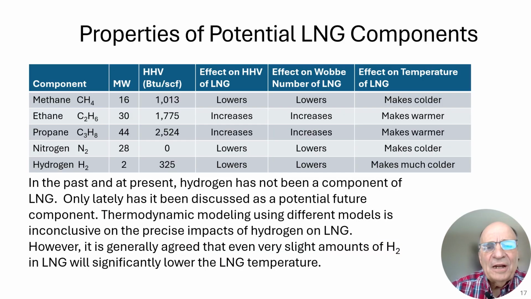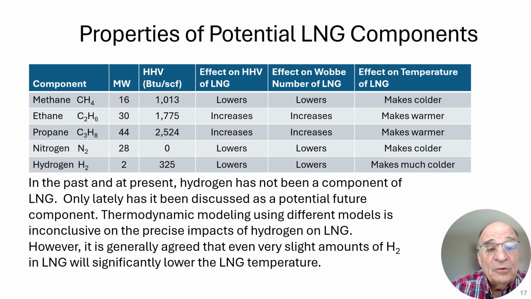Let's take a look at the properties of some potential components of LNG. And I say potential components because one of them, hydrogen, is not presently a component, but it may well be a component in the future. So let's take a look at methane. Methane is typically 85 to 95% of your LNG, and methane has a molecular weight of 16. Where do we get that 16 from?